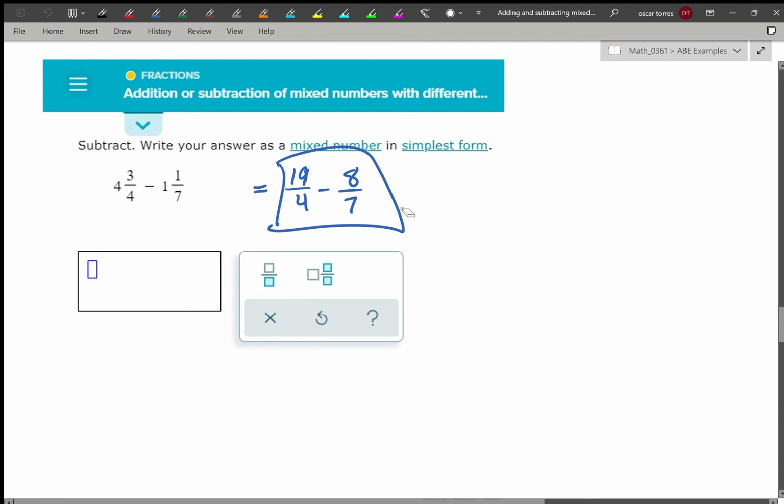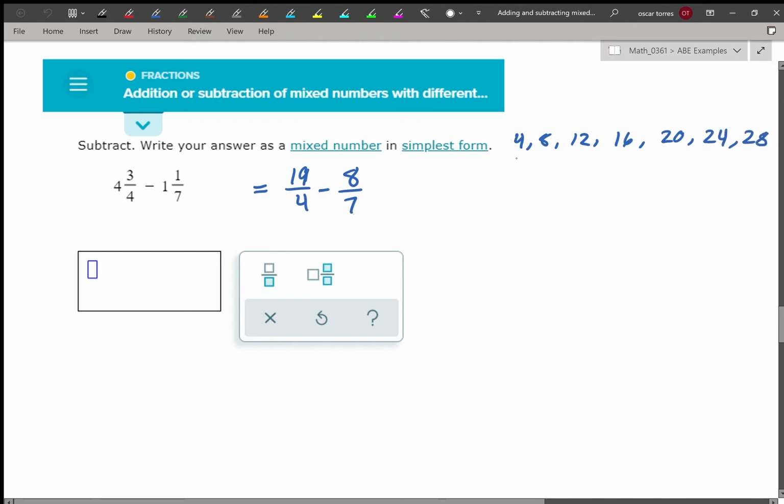So in order to add or subtract fractions, we need to make sure that the denominators are the same. That means we need to find a common multiple between 4 and 7. If we count by 4s, we have 4, 8, 12, 16, 20, 24, 28.